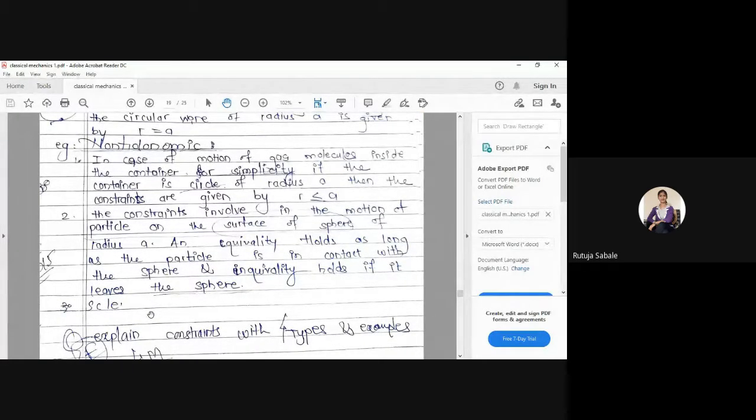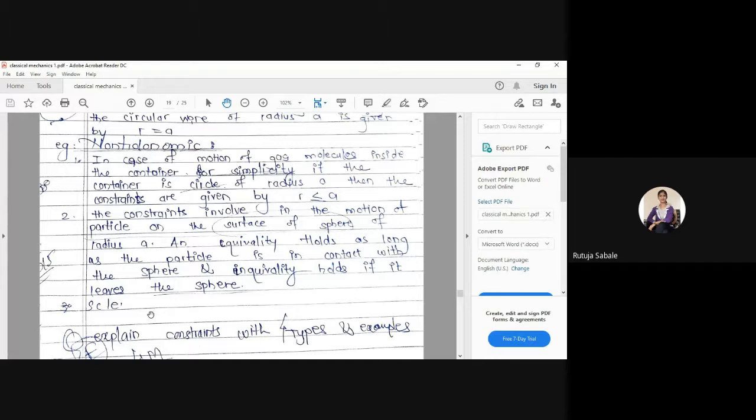In the case of the motion of a gas particle inside a container, consider a football, a ball, or a balloon. What is the restriction on them?